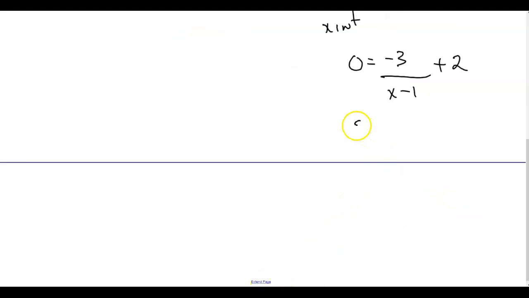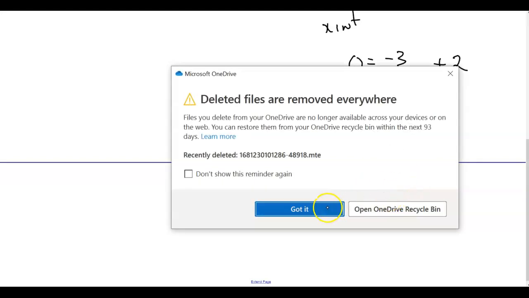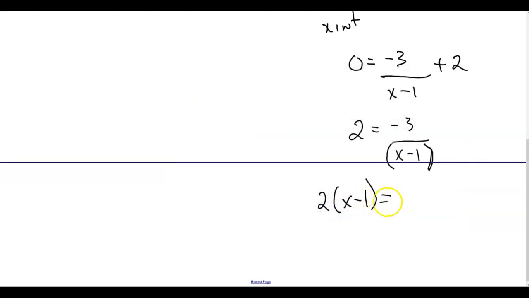So that's going to be 2 is now equal to negative 3 over x minus 1. Now we're going to take the whole denominator. I'm throwing parentheses around it because we're going to move the whole parentheses over to the left. So we're multiplying both sides by the parentheses technically. That will cancel out here, and then on the left-hand side now we're going to have 2 times x minus 1, and that's going to be equal to negative 3.